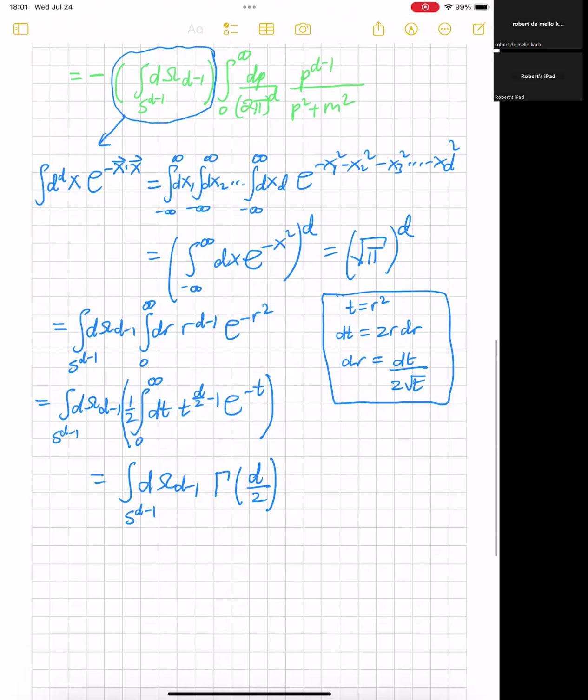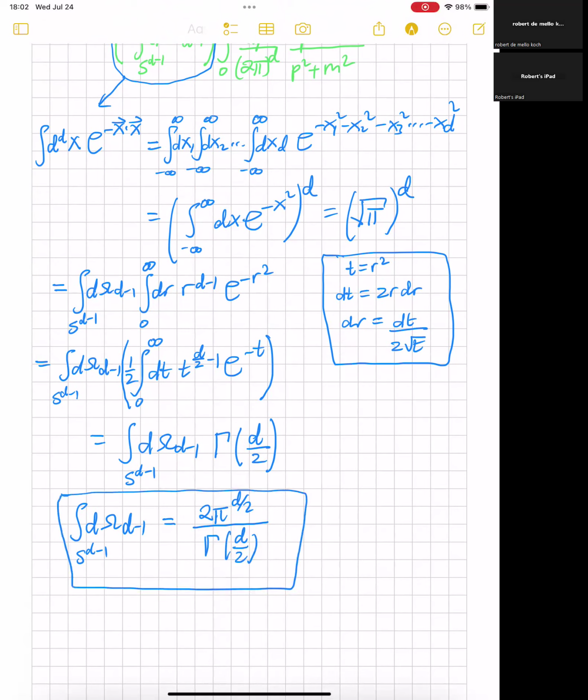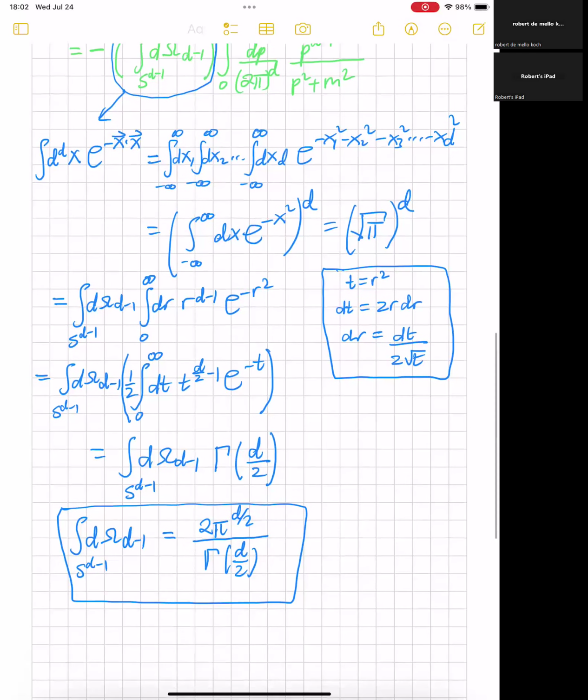So what we learn from this is that the integral d omega d minus 1 over the S^(d-1) is equal to 2 pi to the d over 2 divided by gamma of d over 2. Good. And notice, on the right-hand side, I've got pi to some power and gamma evaluated at d over 2. I can plug in a complex value of d, no problem whatsoever.